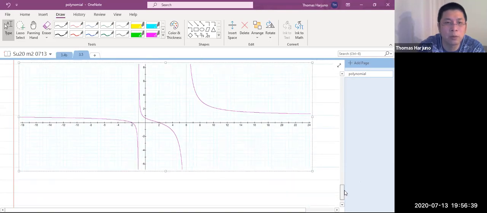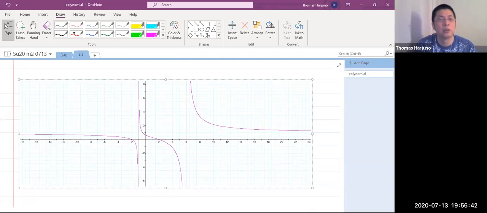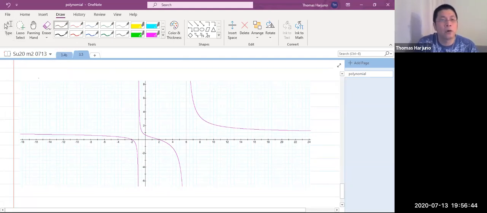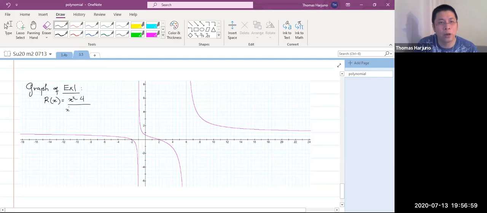This is the graph of example 1, where R of x equals x squared minus 4 over x squared minus 5x minus 6.